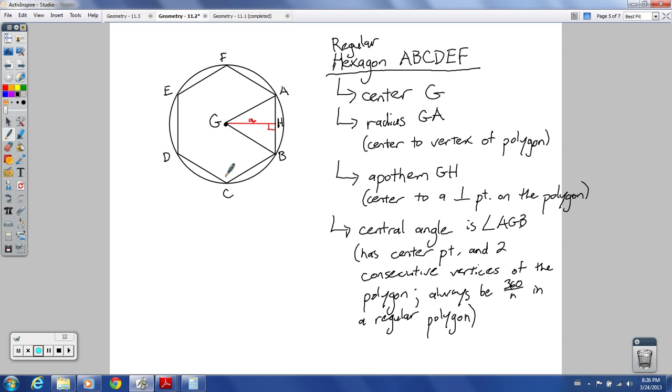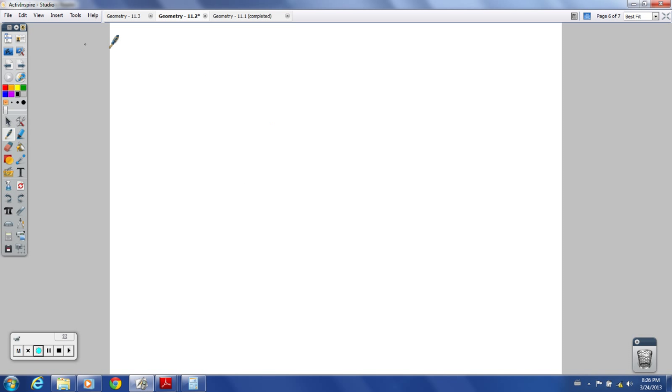And then finally, for our final example, one more theorem. The area of a regular polygon. This is theorem 11.4.